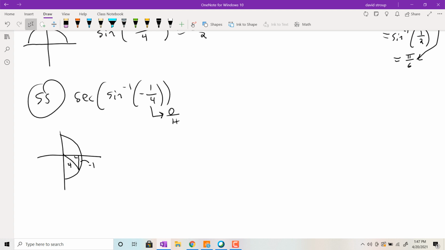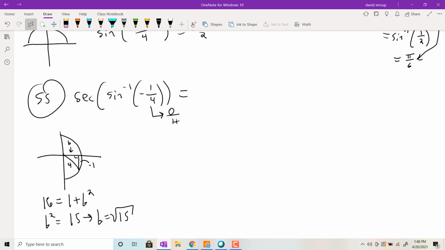To figure out secant, because it's 1 over cosine, I actually need to know this third side. So I'd have to do a Pythagorean theorem on it. The hypotenuse squared is 16. On the other side, I have negative 1 squared is 1 plus this, I'll just call it b squared. Solve for b squared. So b is root 15.